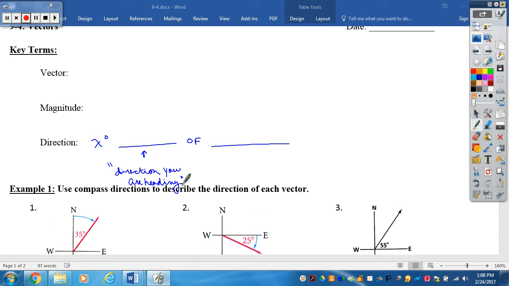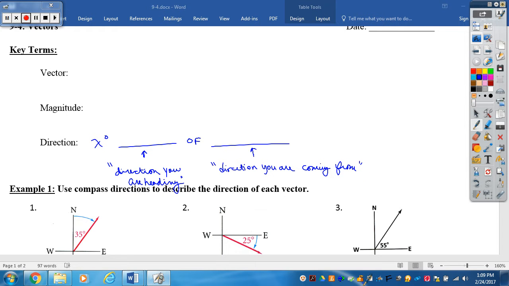And then this blank right here is the direction you are coming from.